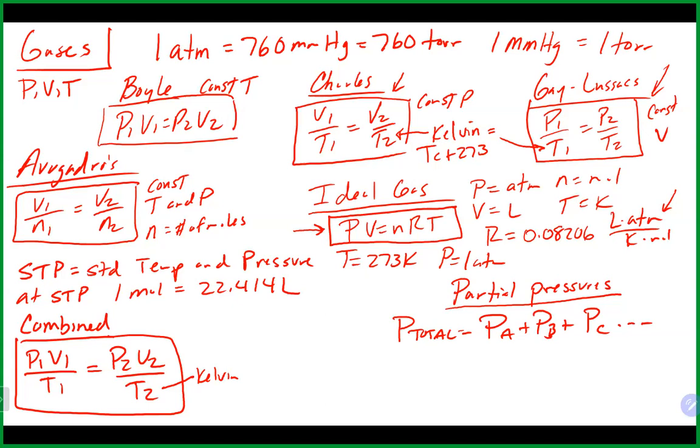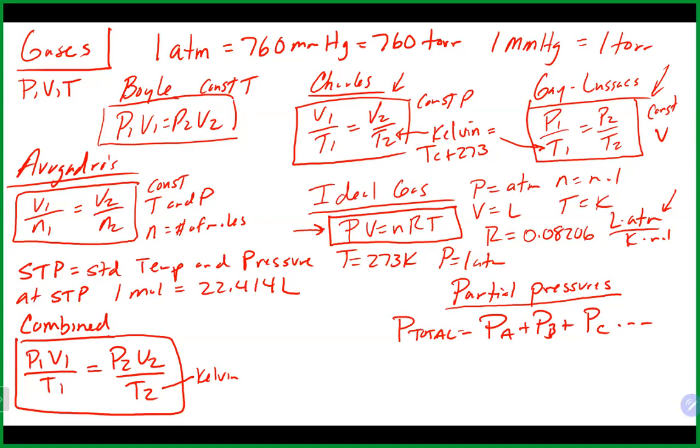One of the reasons something is considered an ideal gas is that there are no attractive or repulsive forces between gas molecules when they're in a container together. What that means in a partial pressure situation is that we could almost treat each gas in the mixture separately, like it's in there by itself.